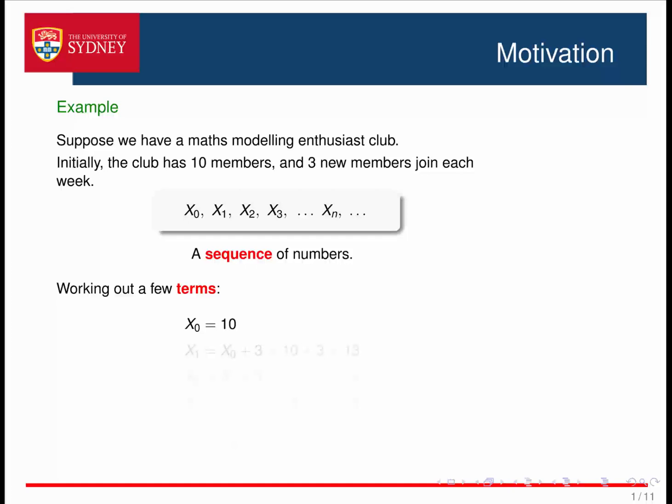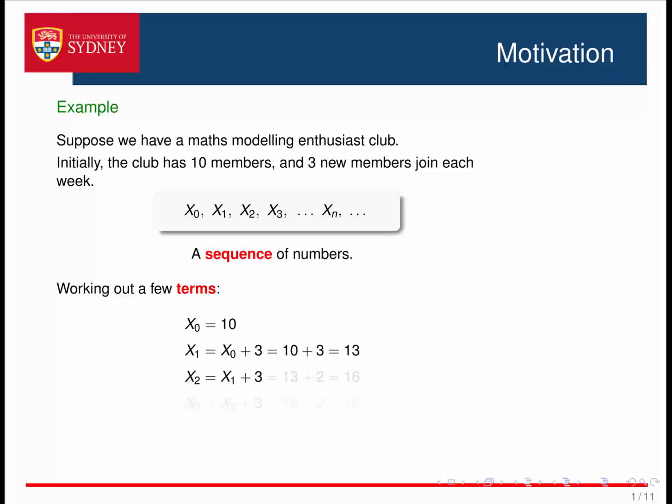Firstly, x0 is equal to 10, our starting membership. In the next week, there are the original 10 plus 3 extra. That is, x1 is equal to x0 plus 3, which is 10 plus 3, which is equal to 13. After yet another week, there's another 3 new members for our club. That is, the number of members after 2 weeks is the total number after the first week plus another 3.